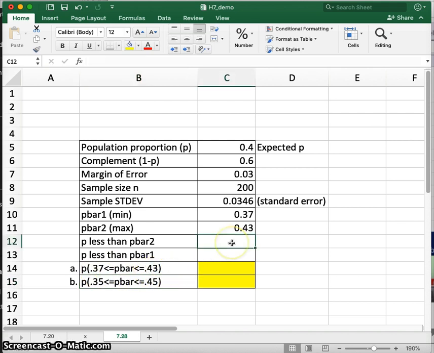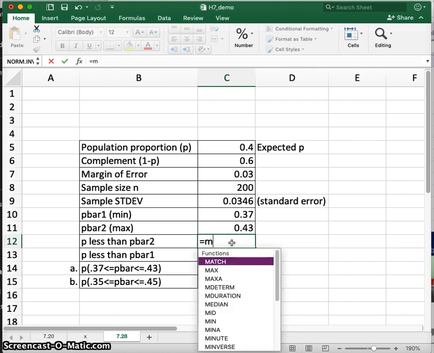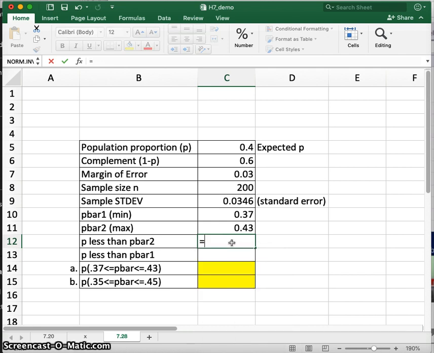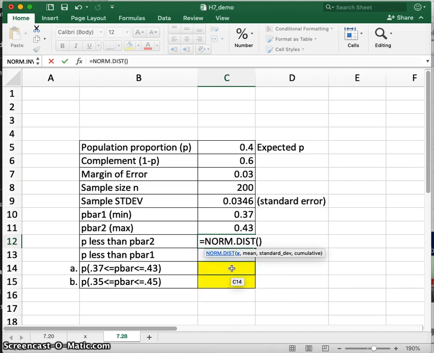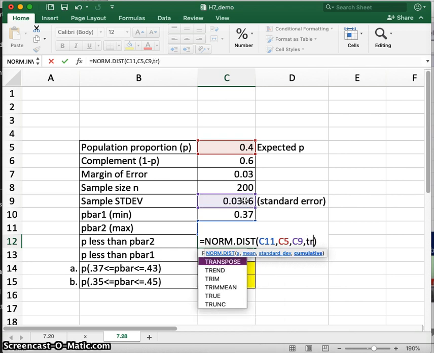We're just going to use norm dist again. In this case, x is 0.43, comma, the mean is the expected p, comma, the standard deviation is the standard error here, and cumulative is true.